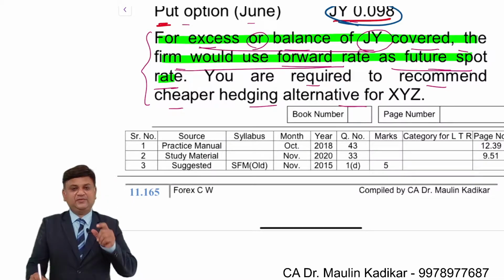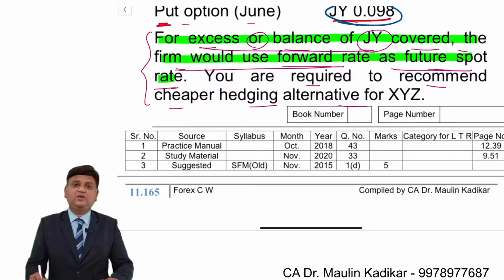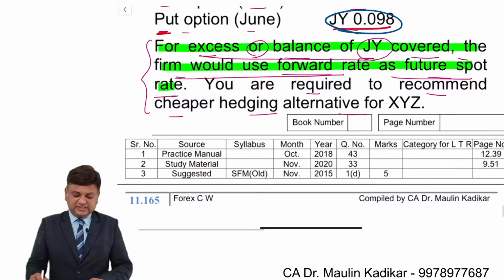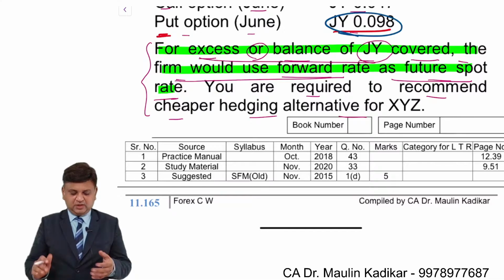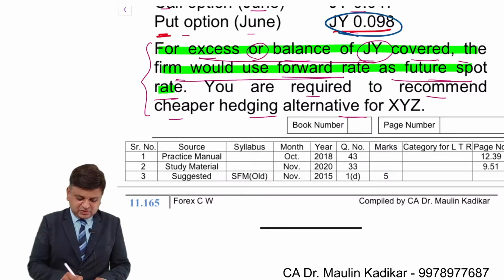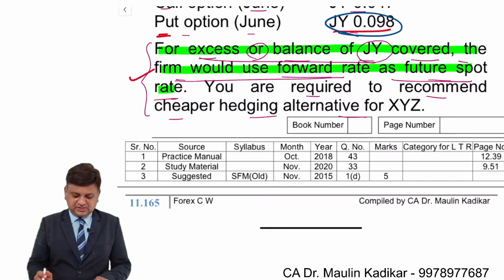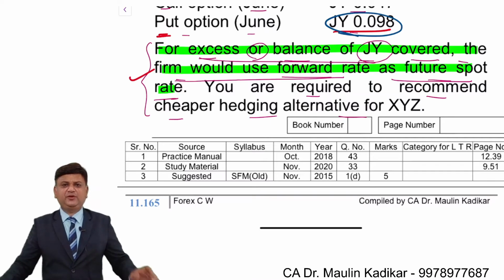So in that case, for the remaining amount, we are assuming the forward exchange rate would be the spot rate as on that day. That is the way it would be relevant. Basically this statement is of no use to us as such. It would be relevant if there is some excess or shortfall. In that case it would be relevant, not otherwise.